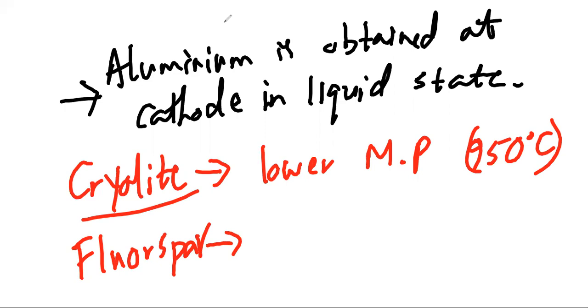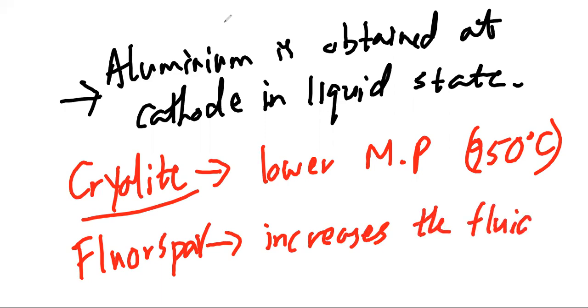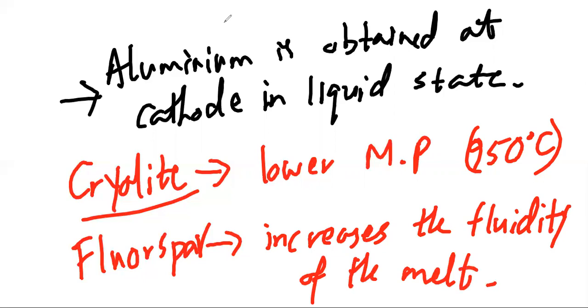And fluorspar increases the fluidity of the melt. During this process, the graphite anode is consumed. The graphite at the anode is consumed.